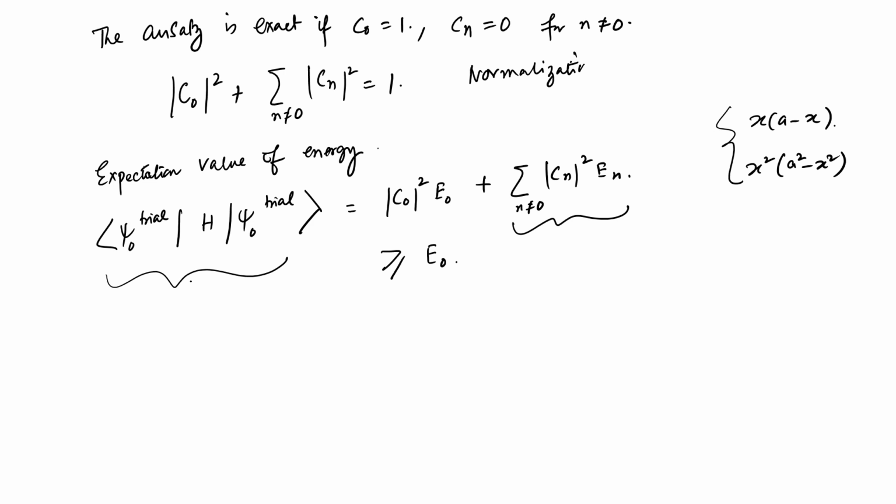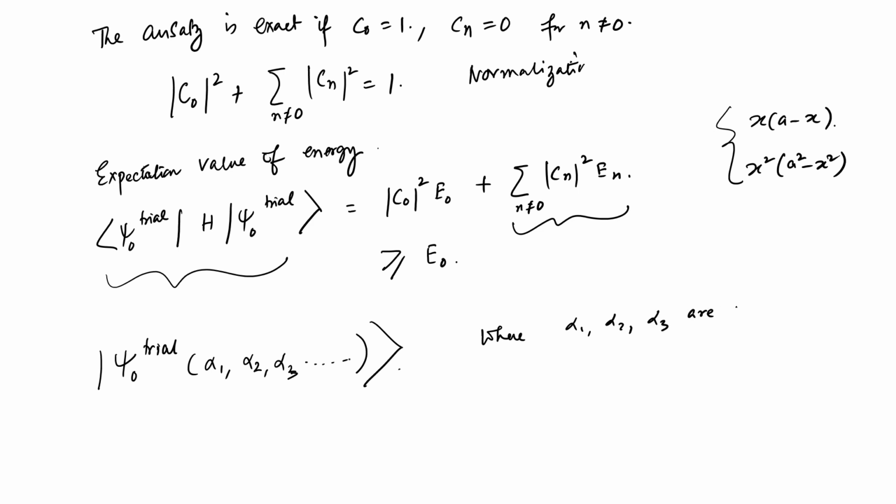Okay. So, based on this, let us propose that this psi 0 trial that we are talking about is really a function of variational parameters, let us call them alpha 1, alpha 2, alpha 3 and so on. These alpha 1, alpha 2, alpha 3 are variational parameters, which are tunable.